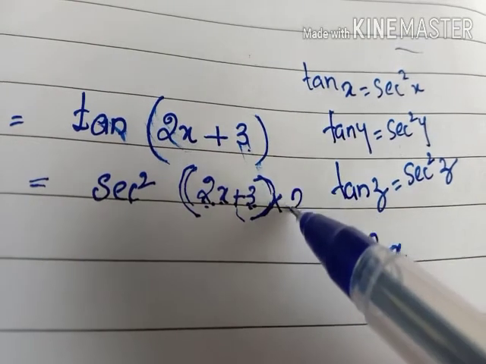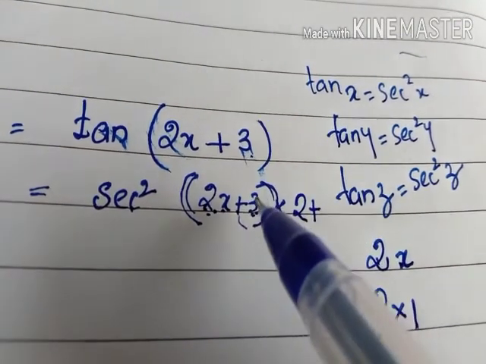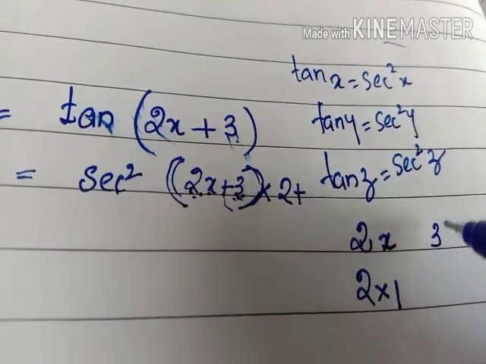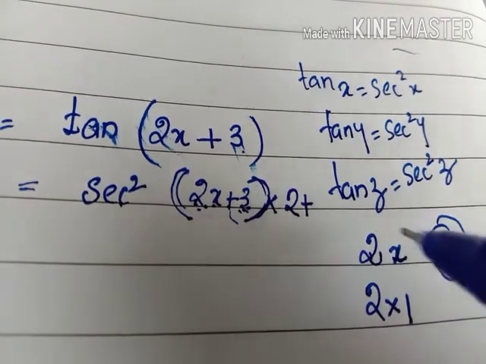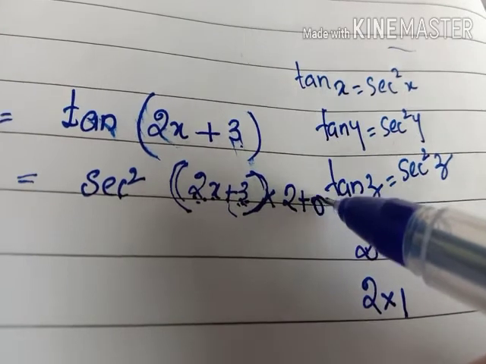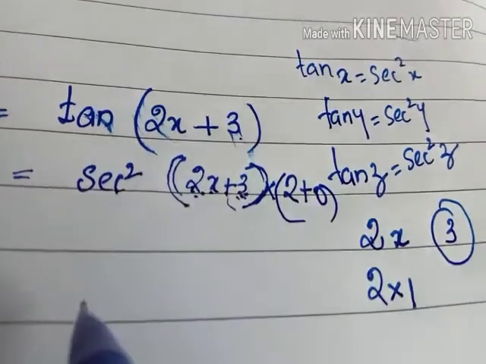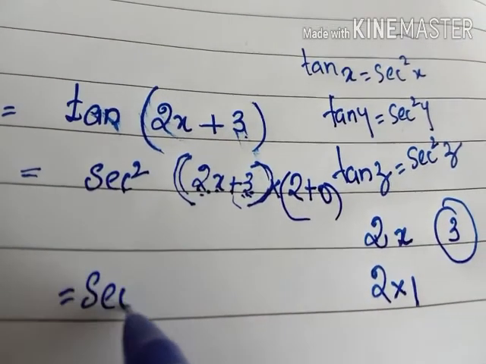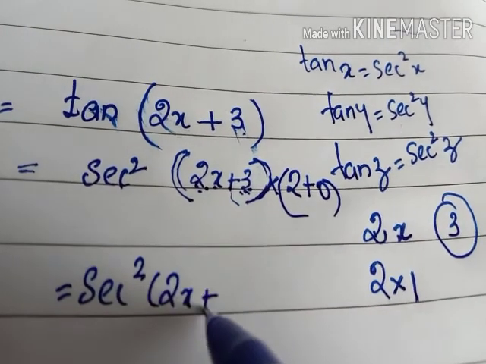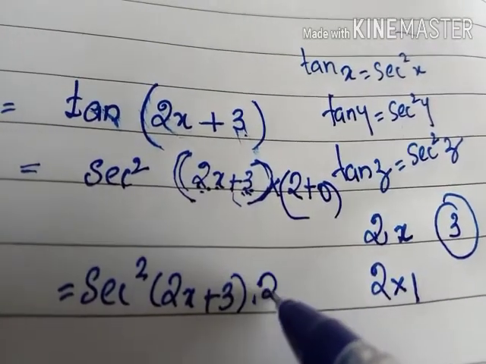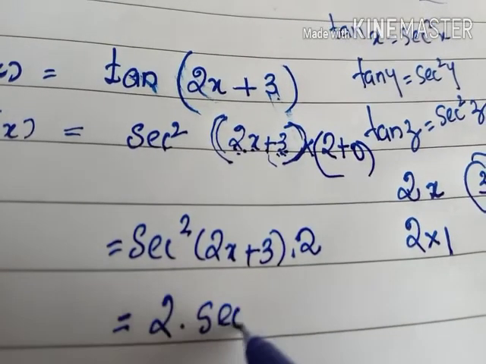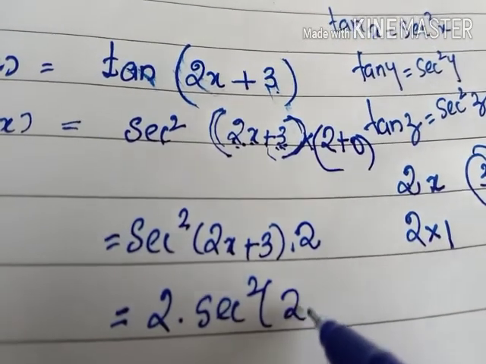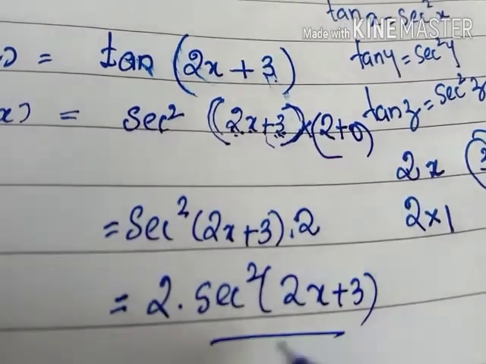So it is 2 plus derivative of 3. 3 is a constant number. There is no variable x. Therefore its derivative is 0. So the answer is sec square 2x plus 3 into 2. Rearrange the terms. So we will get 2 into sec square 2x plus 3.